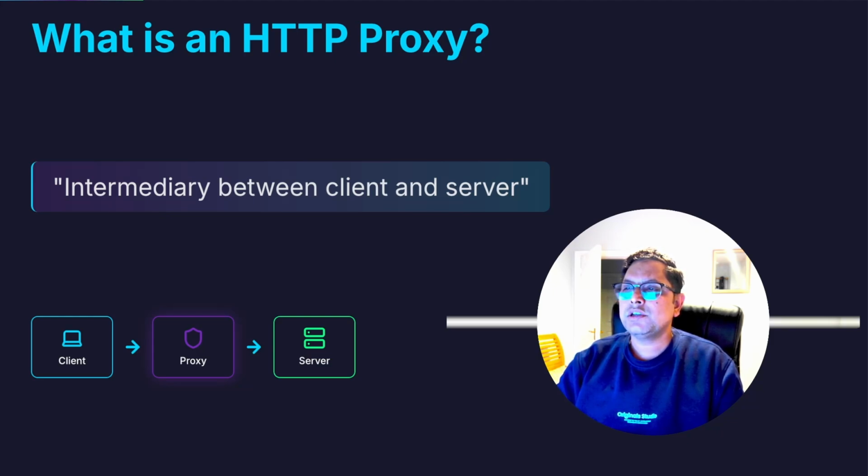The proxy then forwards the request to the server, receives the response, and sends it back to the client. This positioning allows the proxy to inspect, modify, or log all the traffic passing through it, which is exactly what makes it so valuable for troubleshooting.